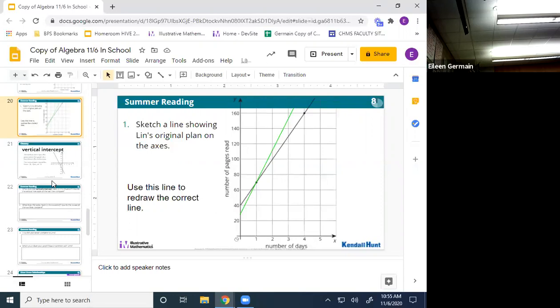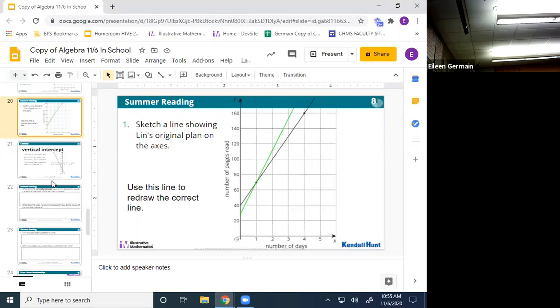How else are they similar? That's how they're different. Well, yes, they're both using the same numbers, so that's how they're similar. How else are they similar, Ian? They're both linear. They're both straight lines. Abby? They're both non-proportional. Yes.